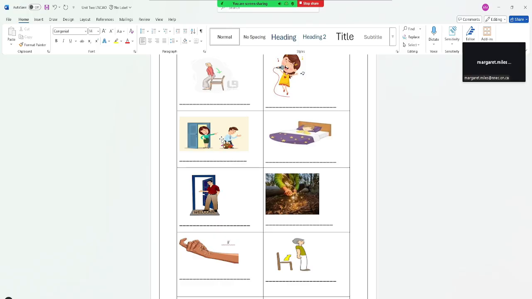So in this picture, you can say kiwe or awas. Kiwe is go home or awas is go away. In the next picture, he is laying in bed.